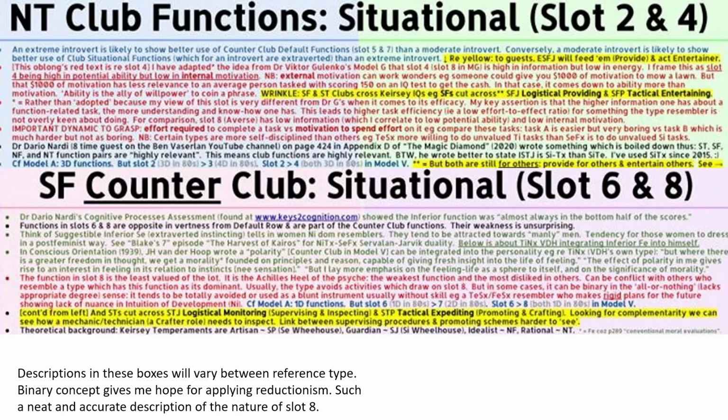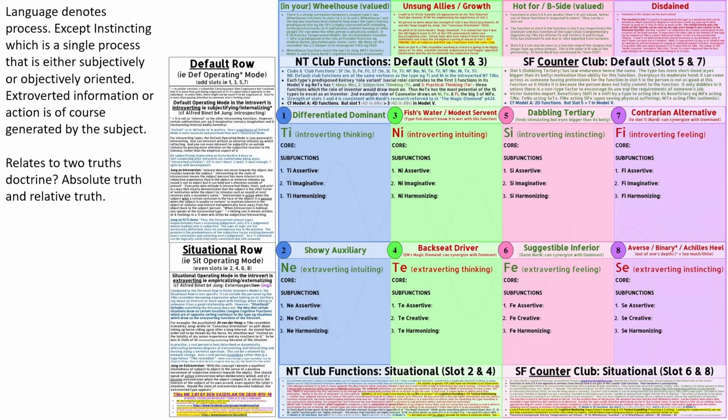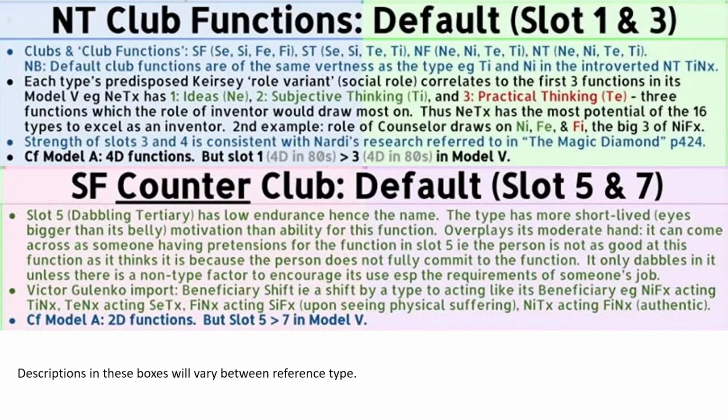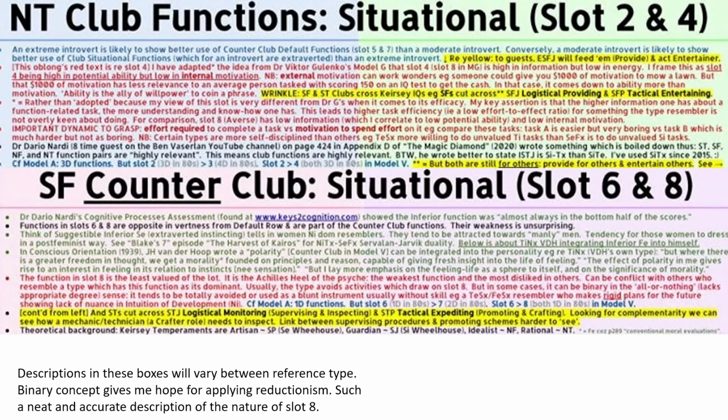Achilles heel, yes, so this is what I was going to say. So this idea about the number 8 slot, the Achilles heel, the averse, the polar as it's known, being a very binary function. I think that is a brilliant descriptor and just so obvious to me.